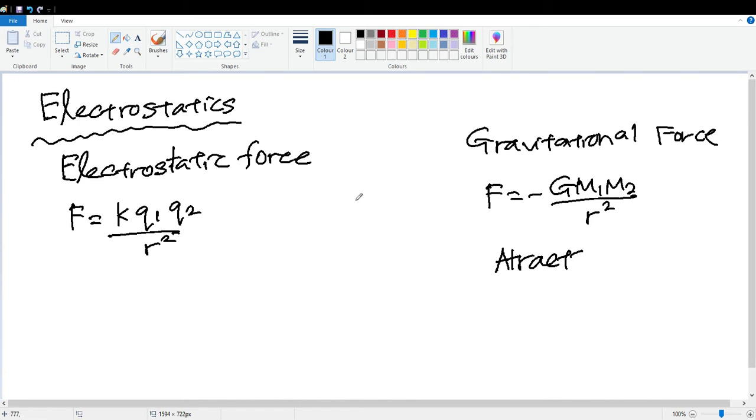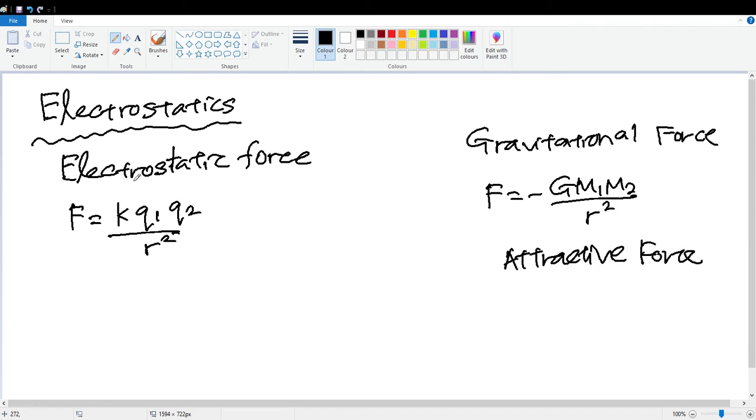So as a conclusion, the gravitational force is an attractive force.